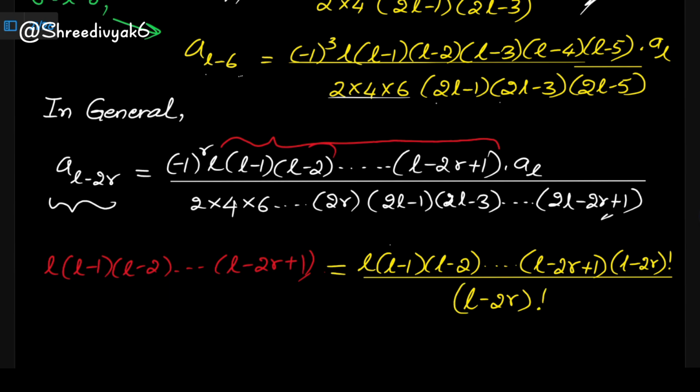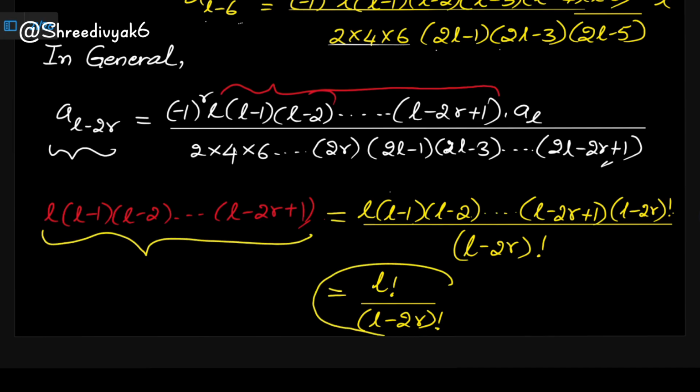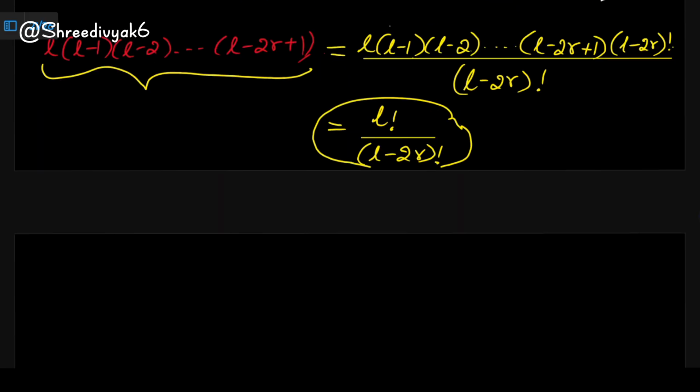Did I make any change? Look at the numerator term: L minus 1, L minus 2 up till L minus 2R plus 1. Again minus 1 will give me L minus 2R factorial, that is L minus 2R, L minus 2R minus 1, L minus 2R minus 2, L minus 2R minus 3, till the terms 3, 2, 1. Yes. So I can get that numerator term as L factorial divided by L minus 2R factorial.